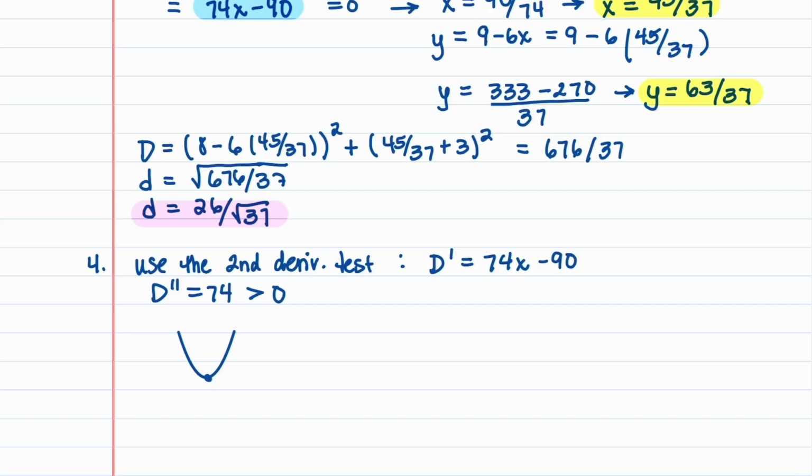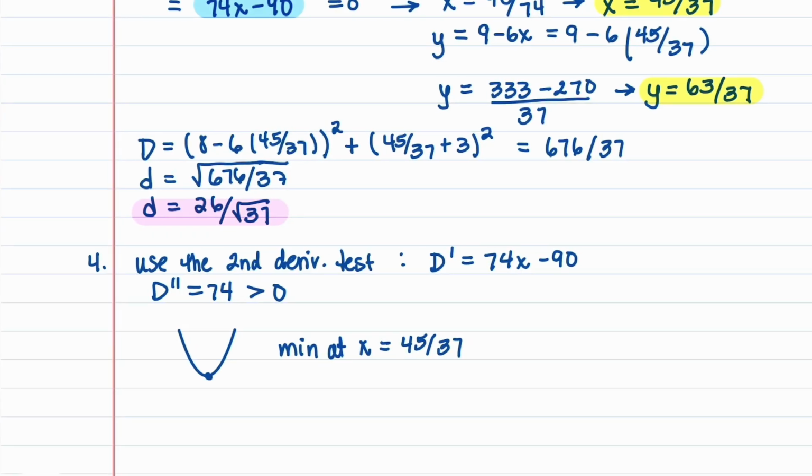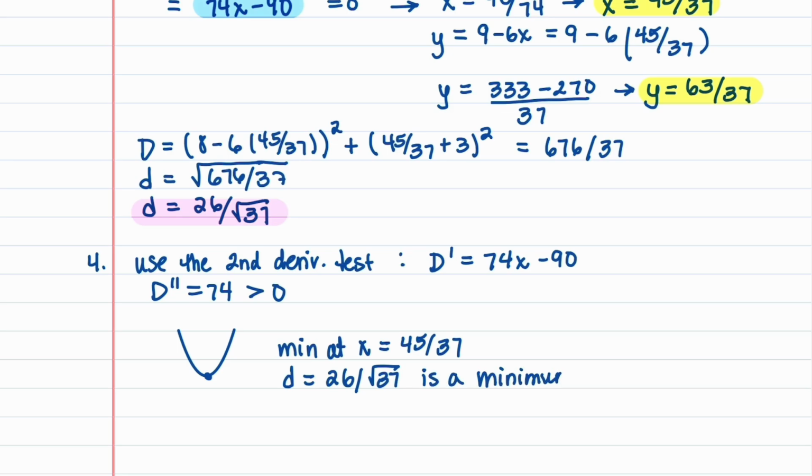So let's write down that we have a min at x is equal to 45 over 37. And this tells us that our distance, little d, is equal to 26 over the square root of 37 is a minimum. And we'll highlight that.